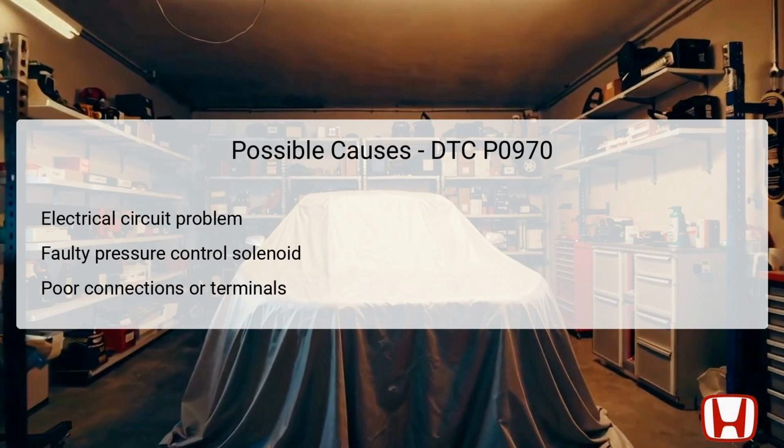If the connections are compromised, the solenoid may not receive the appropriate voltage needed to function, thus generating this error code. Furthermore, these problems can create intermittent failures, a situation that poses challenges in diagnosis. Conducting thorough checks on both the solenoid and electrical connections can help in resolving the DTC effectively.